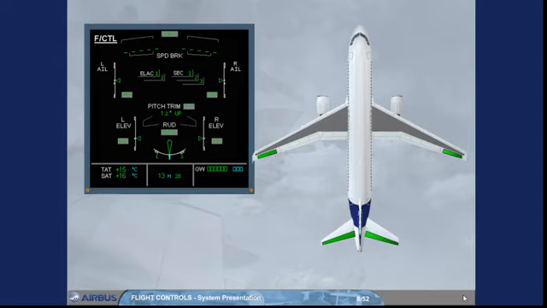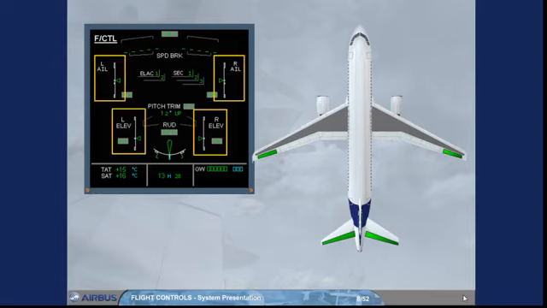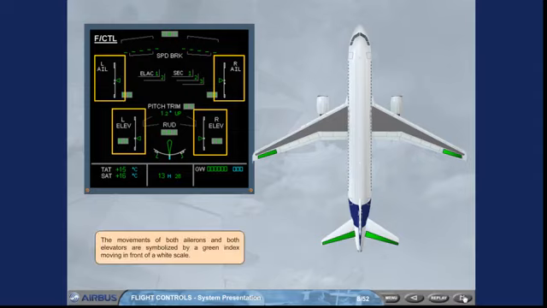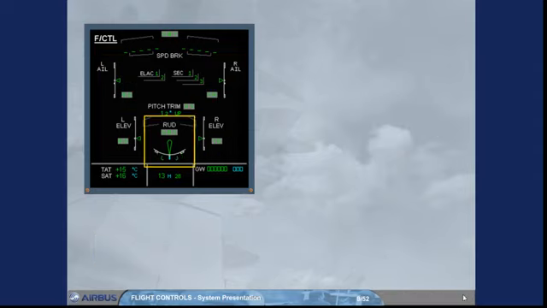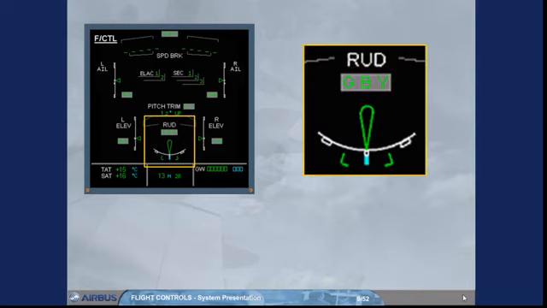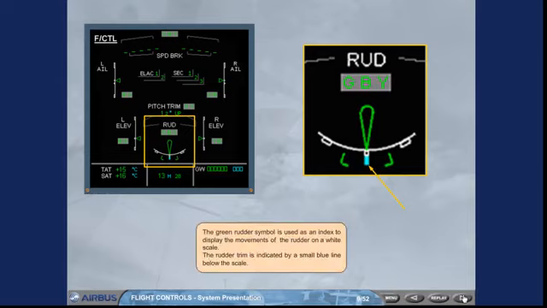The movements of both ailerons and both elevators are symbolized by a green index moving in front of a white scale. The green rudder symbol is used as an index to display the movements of the rudder on a white scale. The rudder trim is indicated by a small blue line below the scale.